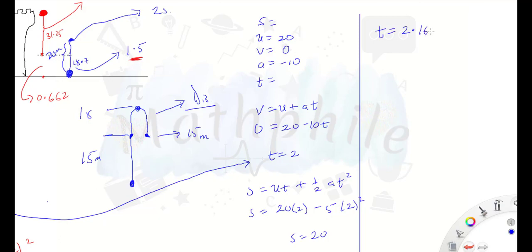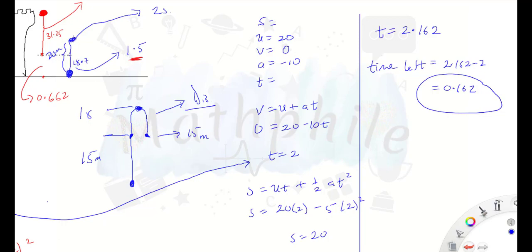So the time left for the particle to travel is 2.162 minus 2, which is 0.162. So we're going to find the distance the particle is going to travel in this 0.162 seconds, and that is going to give us another form of question, a free fall question.